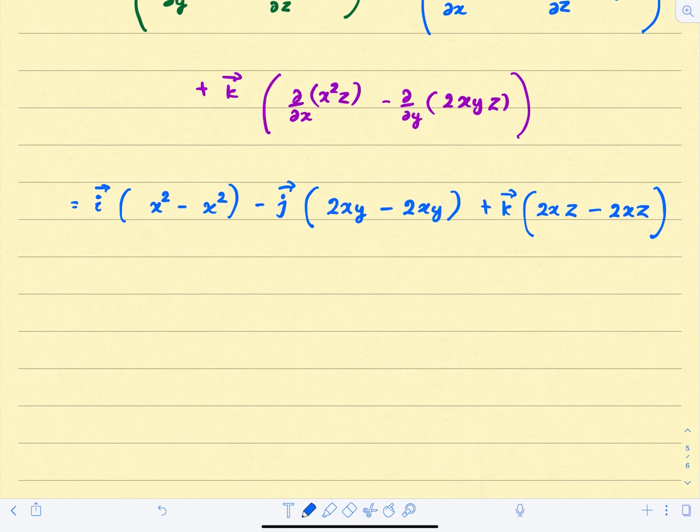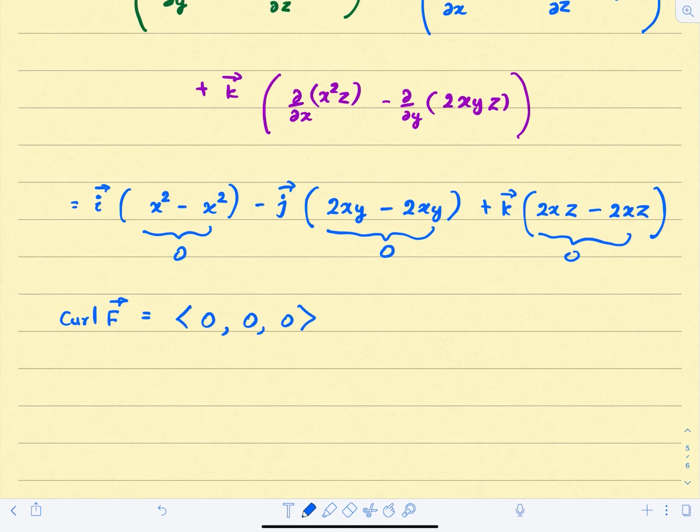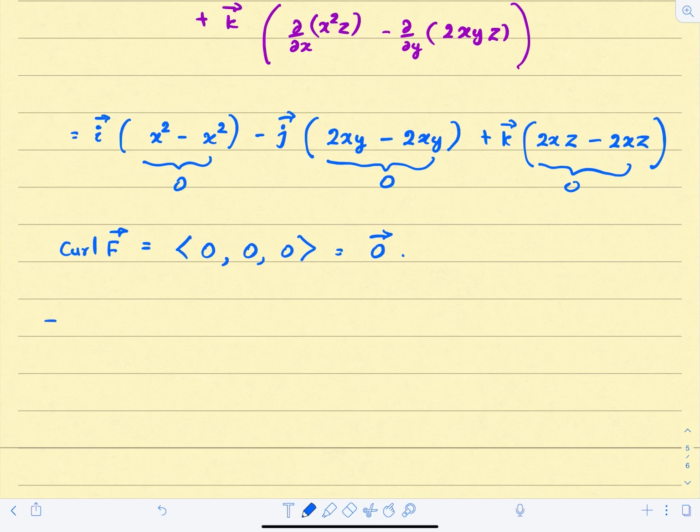As you can see, this equals 0, this is 0, this is 0. So curl of F equals: the first component is 0, the second component is 0, and the third component is 0. So we have the zero vector. This means the given vector field F is conservative.